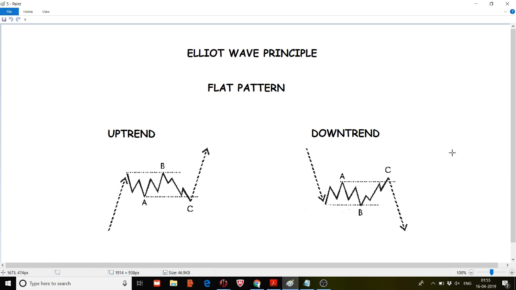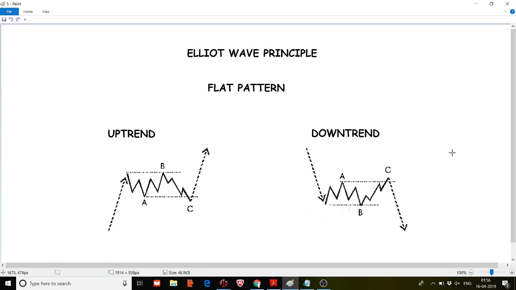And in a downtrend, I am just correlating things so that it will be easy for you to understand the flat pattern in the expanded and irregular flat pattern. If you notice the Elliott wave principle in the downtrend, the flat pattern in the downtrend will be a double top like structure.